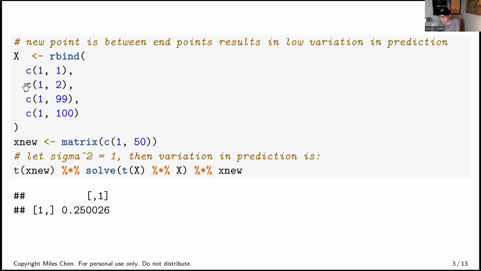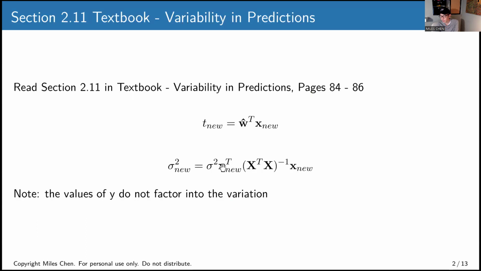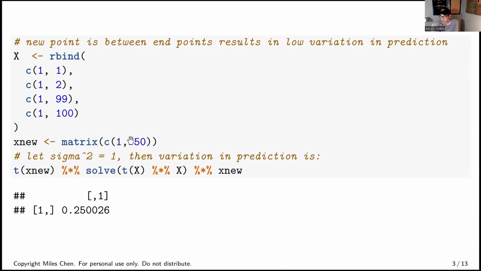This is going to be my X, so you'll see I have X transpose X. Then my new observation will have an x value of 50. So what is the variance of my predictions going to be? It's going to be something like this: X new, X transpose X inverse, X new. I'm taking my new observation, doing X transpose X inverse, and then taking my new observation over here.